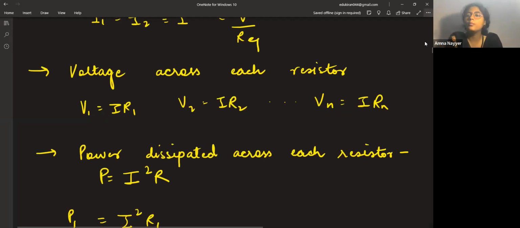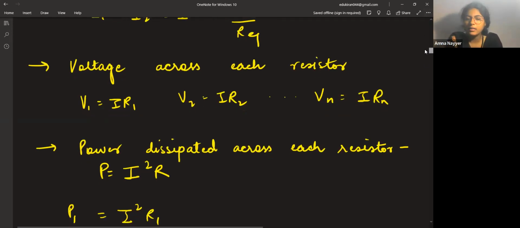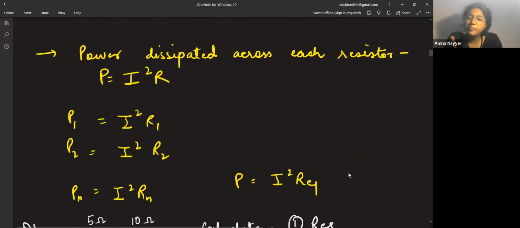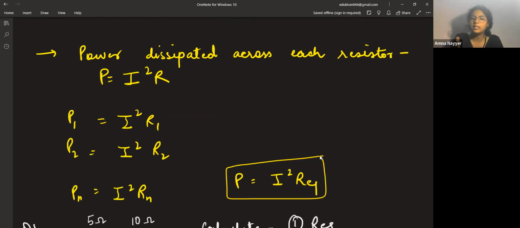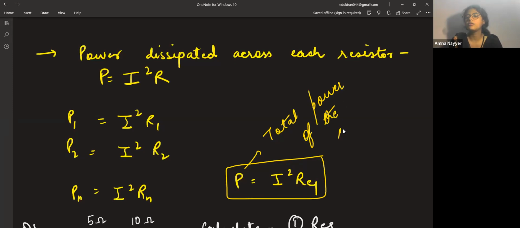Power is P equals I square R. So the net power is I square into R equivalent. For the first one, we have I square R1. For the second one, I square R2. Resistance will change, current will be the same for individual resistors. But overall, this is the total power of the circuit.